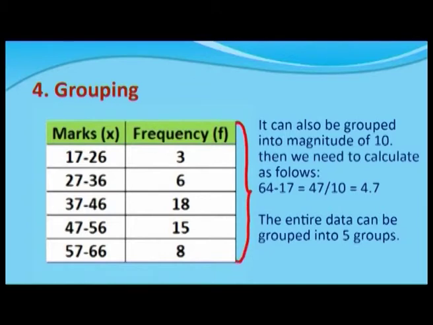Then we calculate as follows: 64 minus 17 equals 47, when divided by 10 gives 4.7. Thus, the entire data can be grouped into 5 groups or classes. As you can see, the number of data points has further reduced from 31 to 10 or 5 in the two tables.